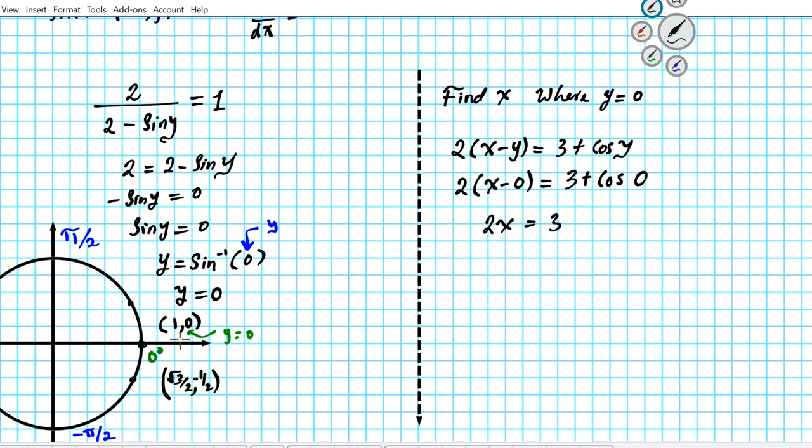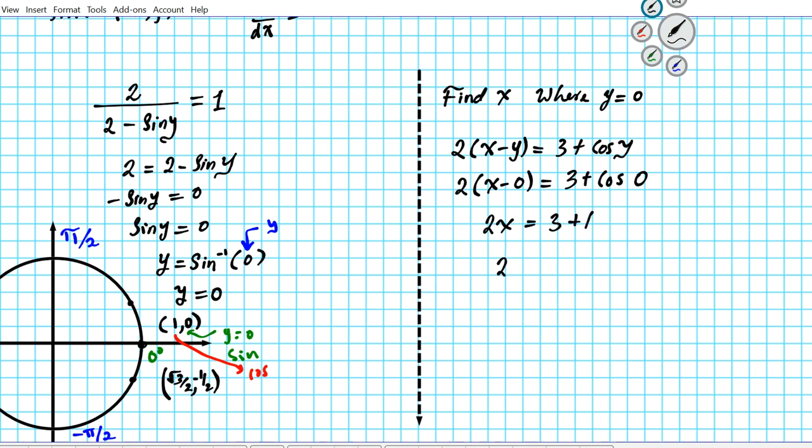Cosine 0, we can just use it here. You remember cosine is the x-coordinate, okay? The y-coordinate is sine, and the x-coordinate is cosine. So this unit circle tells us cosine 0 is 1, so it's going to be 3 plus 1.